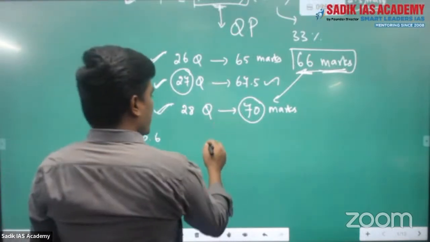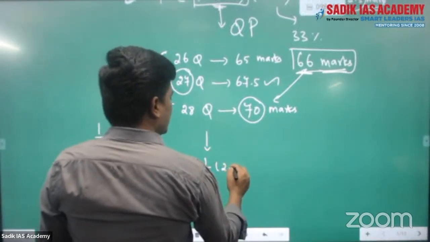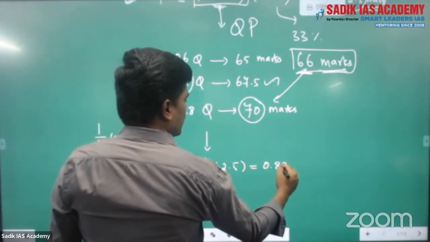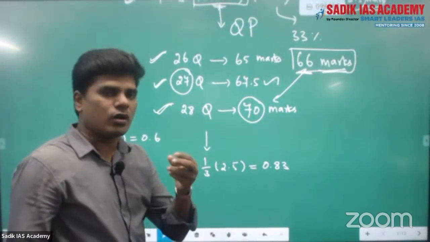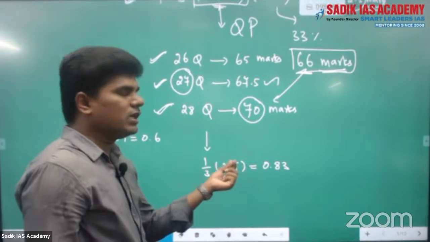Whereas in the case of paper 2, it is 1/3 of 2.5 marks. That means 0.83 marks will be deducted if you answer a question wrongly. So this is the negative mark for each question.